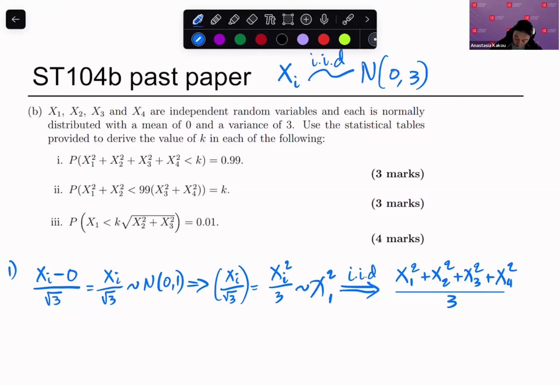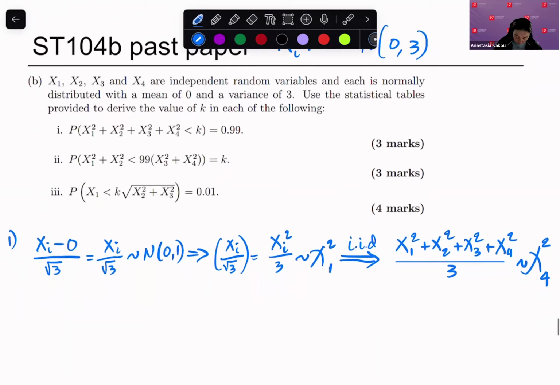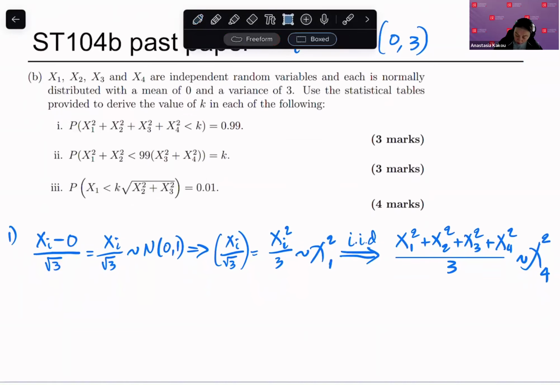Okay, so that now becomes a chi-square with 4 degrees of freedom. Okay, so these are the steps: standard normal, square of the standard normal, and then adding independent chi-squares. Okay, so then now that we have created this chi-square distribution, then we look at the question we have.